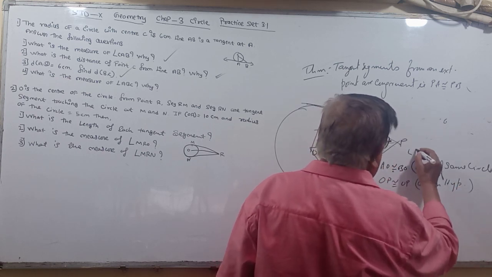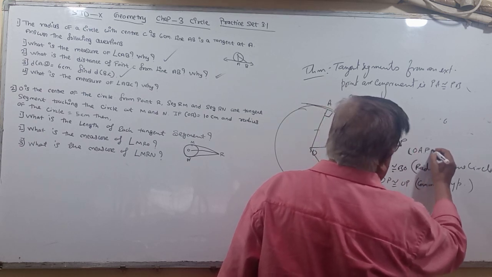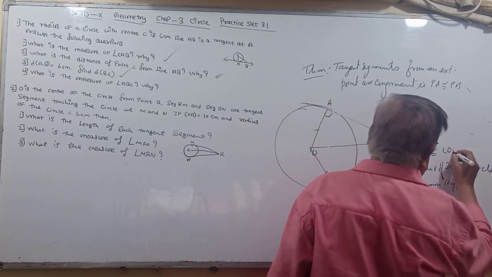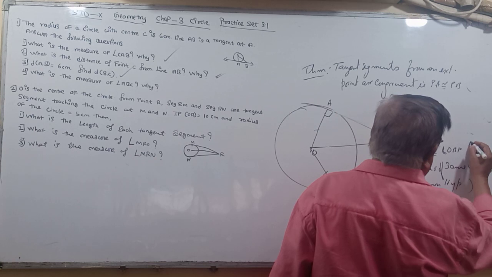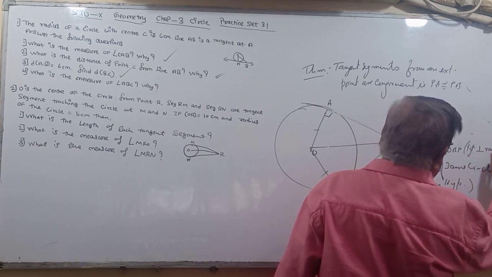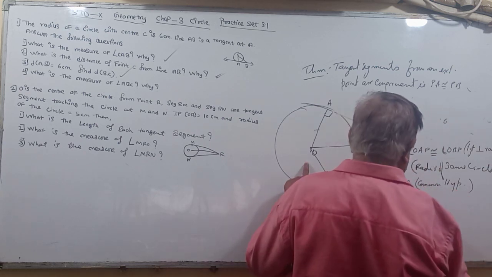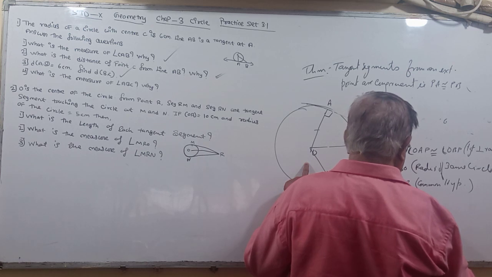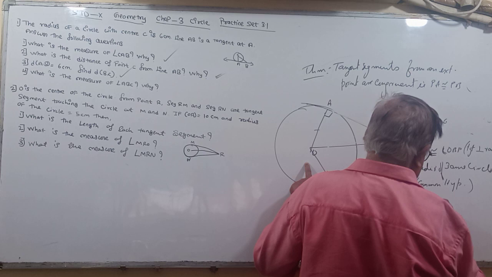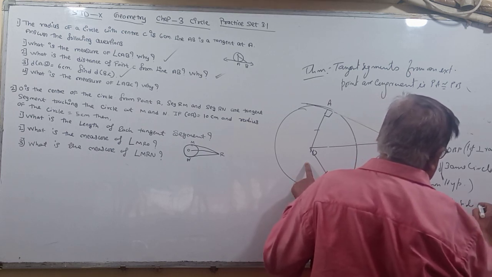Angle OAP congruent to angle OBP, tangent perpendicular to radius. Therefore, triangle OAP congruent to triangle OBP, by hypotenuse side test.